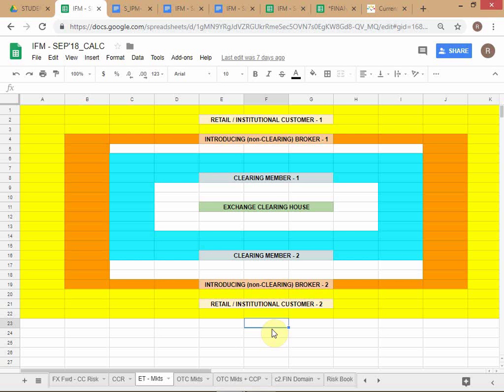Every day the ECH will calculate the closing price, the settlement price, and they will see the price at which you are long, either from the previous day or at the start of the contract, which is 70, and then they will calculate your profit or loss. If you have a profit, next day you can take out the profit. If you have a loss, you have to pay the loss. Is this point clear to everybody, how the system works?